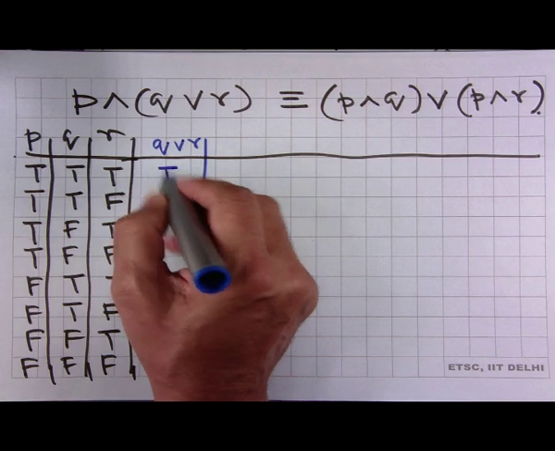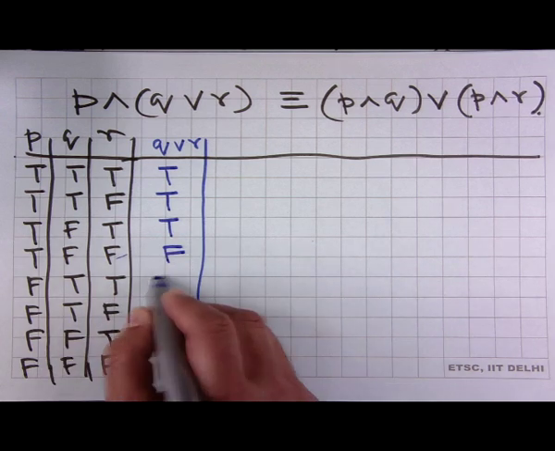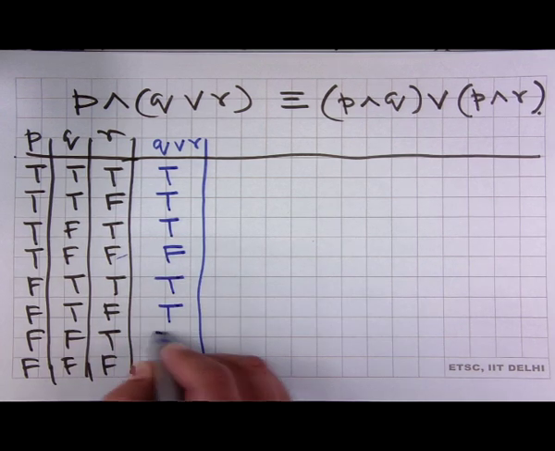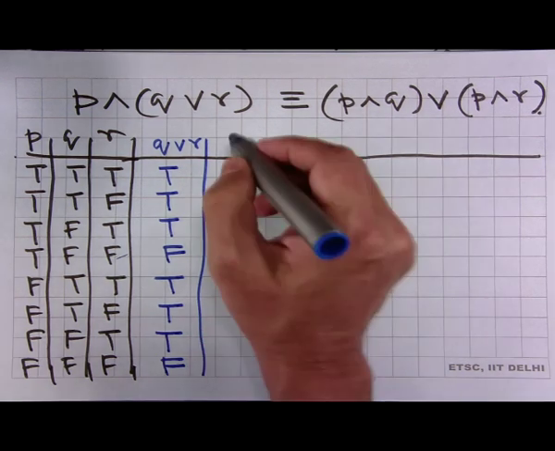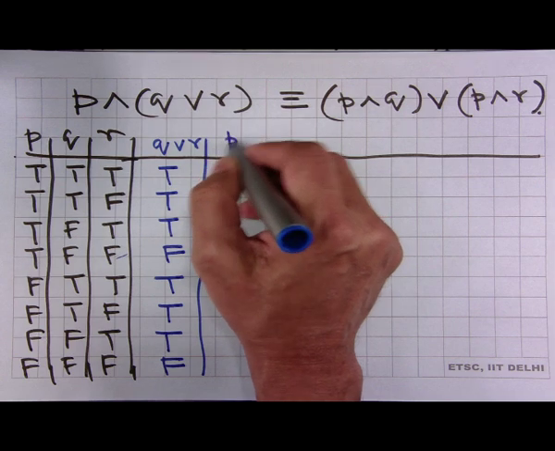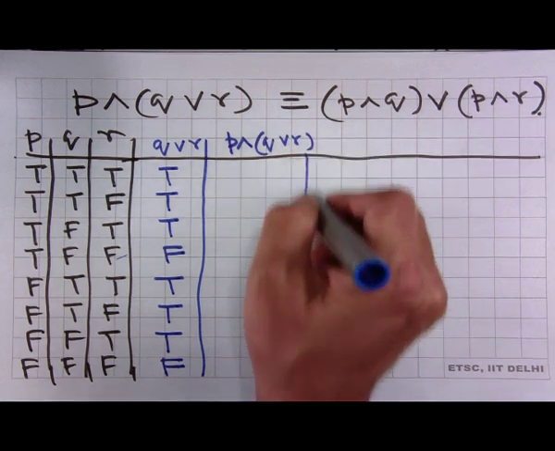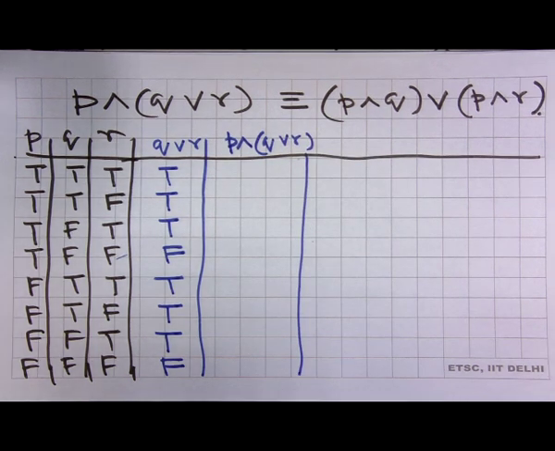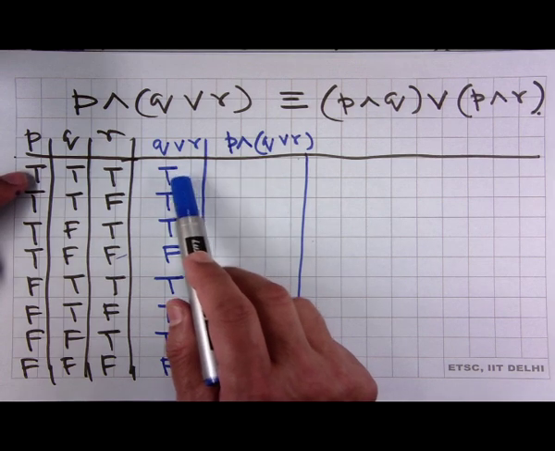So, it is giving me T, T, T, F, T, T, T and F. Therefore, P and Q or R is giving me, I am now doing the AND operation between column P and column Q or R.